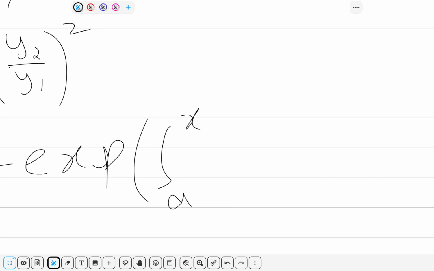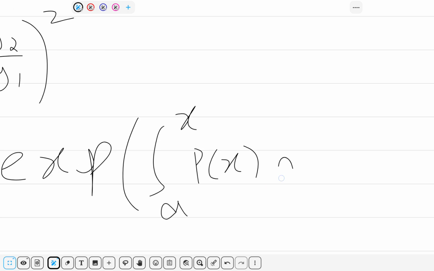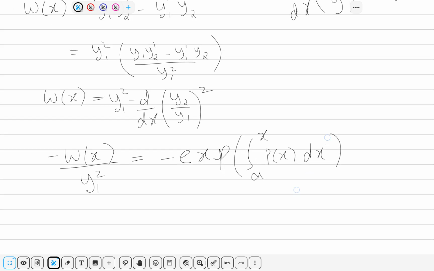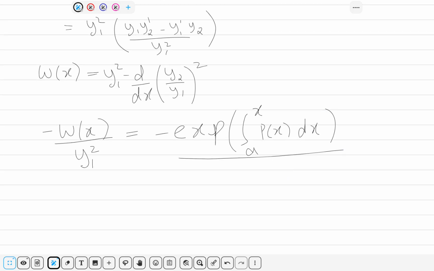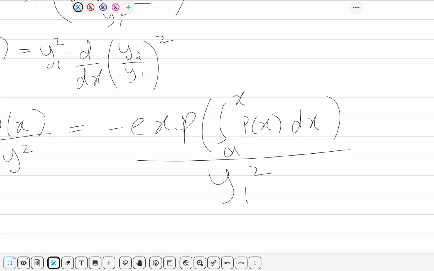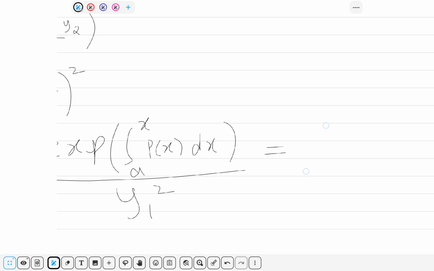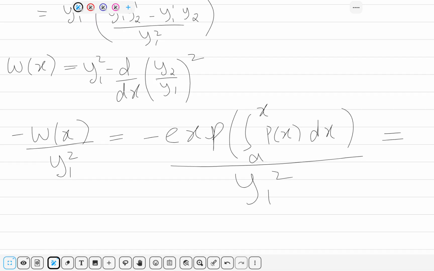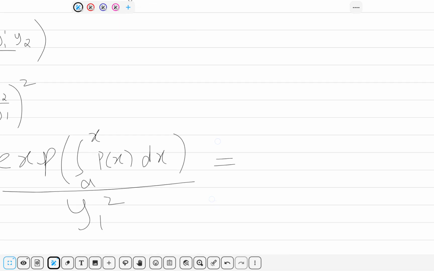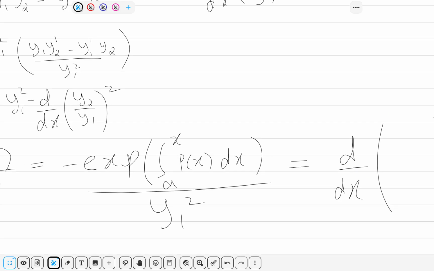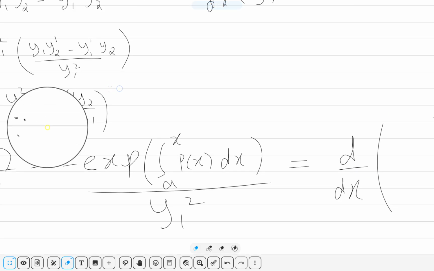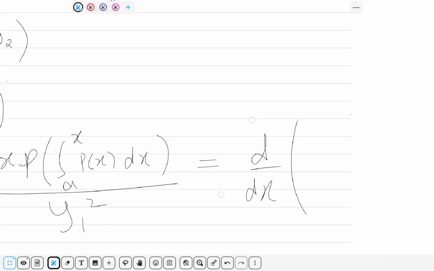the integral from a to x of minus p of x dx divided by y1 squared, and it might get even uglier. And so this is equal to d by dx of y2 by y1.